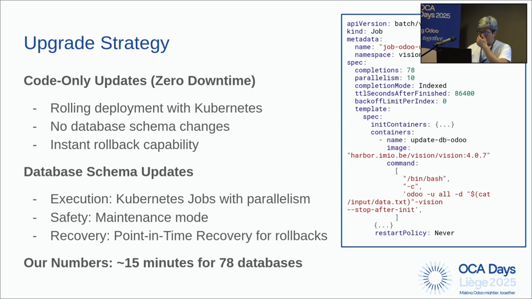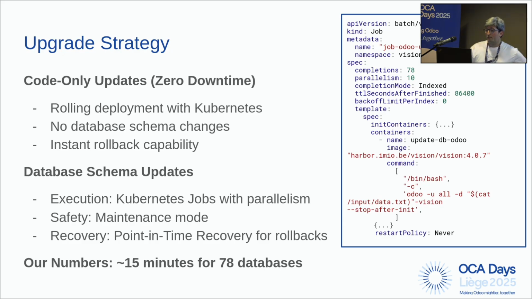The YAML file example shows our actual job configuration. We set up 78 completions with a parallelism of 10, meaning that 10 databases are upgraded at the same time. And during these upgrades, we enable maintenance mode, which scales all the replicas to 0 and shows a maintenance page to our users.